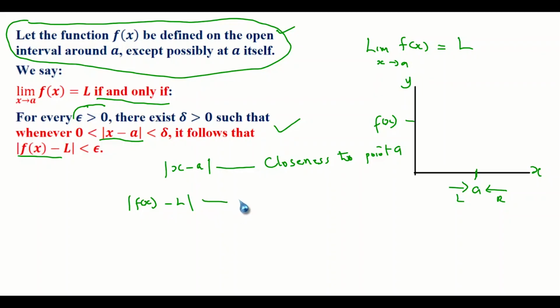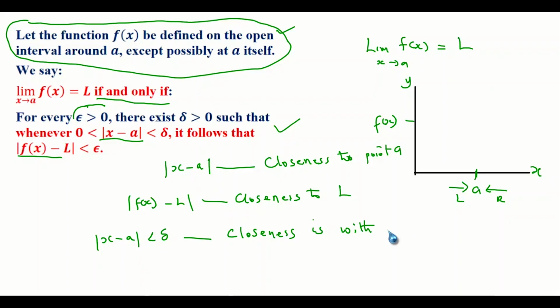It is like the closeness to the limit L. Now, if you have the absolute value of x minus a less than delta, it means the closeness is within the value of delta. Is within delta. So that is what it means.